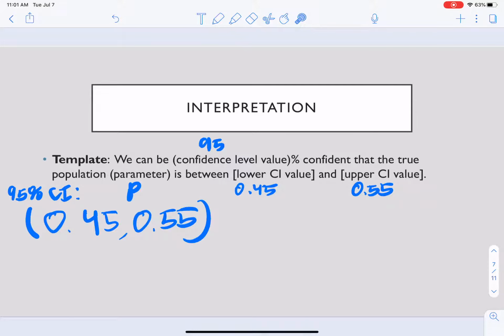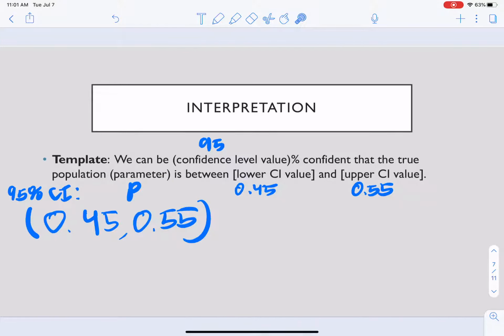It's kind of another way of saying probability. So, if we were to do this experiment, let's say 1,000 times, 950 of those times, whatever population parameter we're interested in will be between these 2 values.